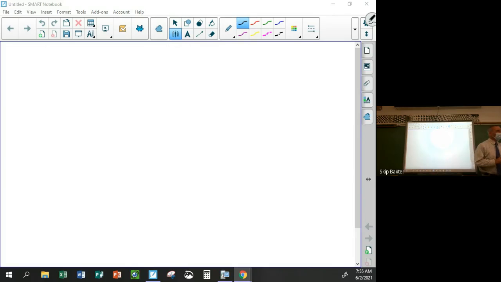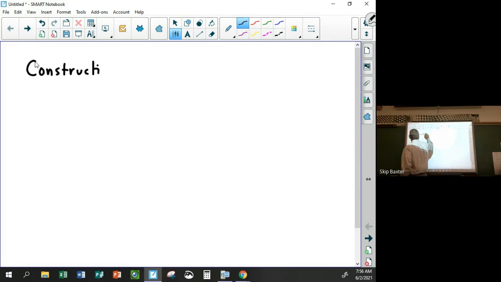So today we're going to talk about constructing a reflected triangle, which is not quite the same thing as constructing a line of reflection, but it's similar in the theory behind it.